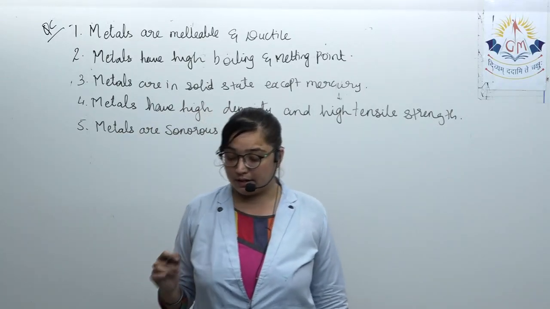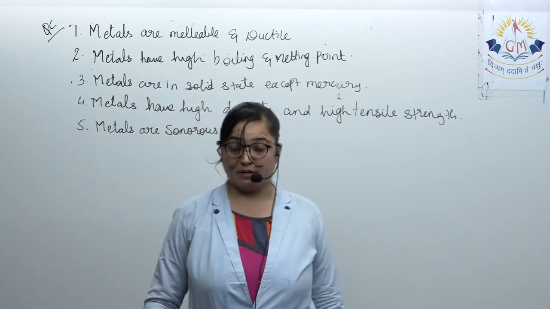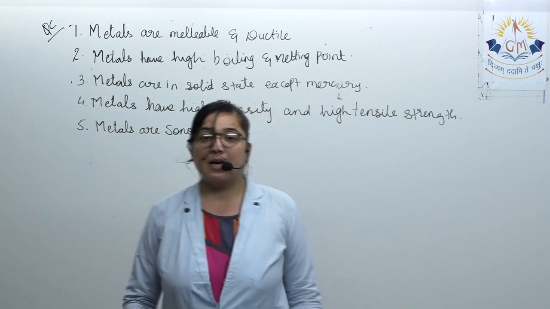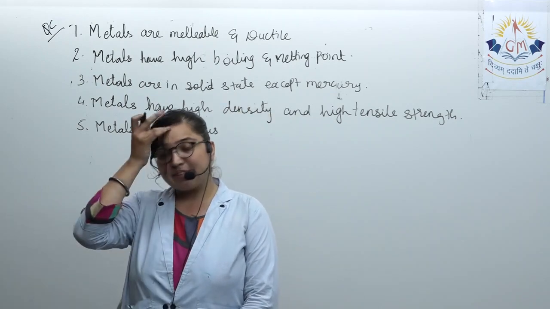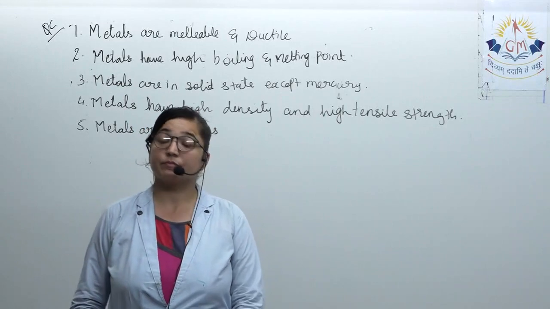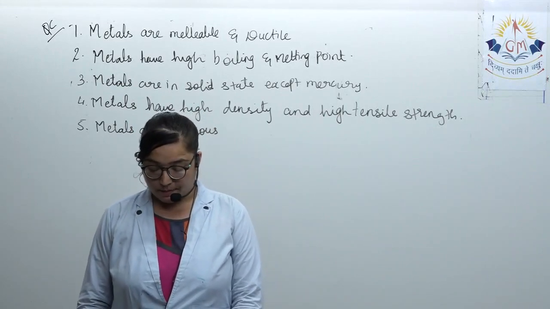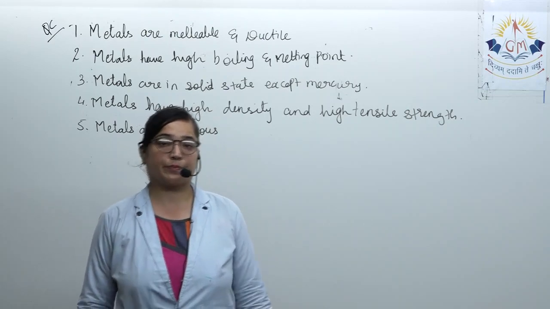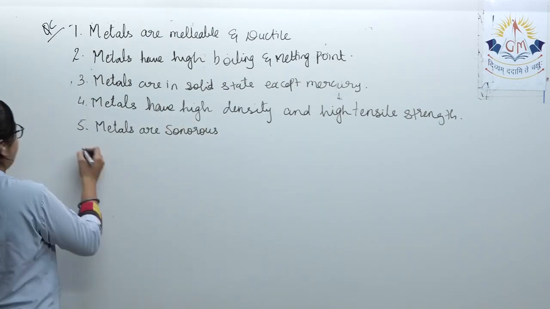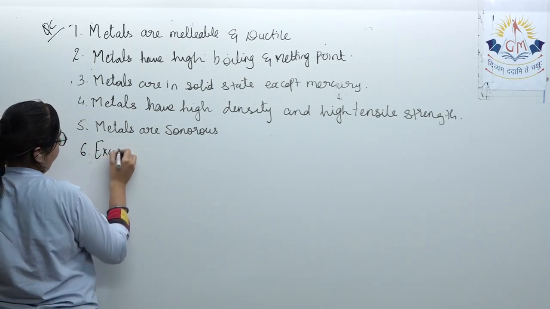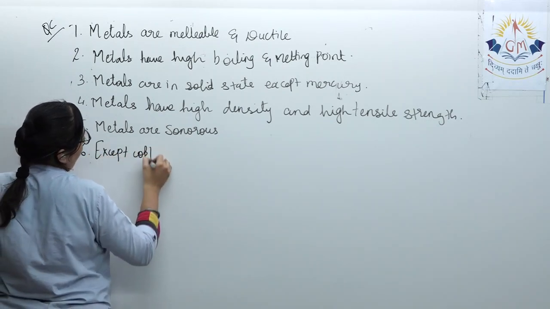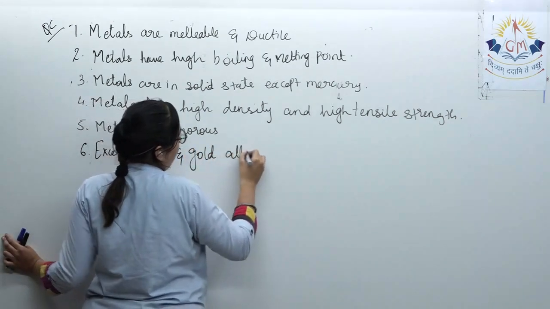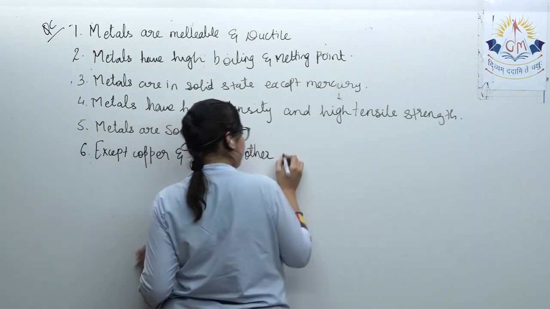Next is regarding their appearance. If we talk about their appearance, then most of the metals except gold and copper, they are silver gray in color, and copper is reddish brown and gold is golden yellow. Okay, so except copper and gold, all other metals are silver gray in color.